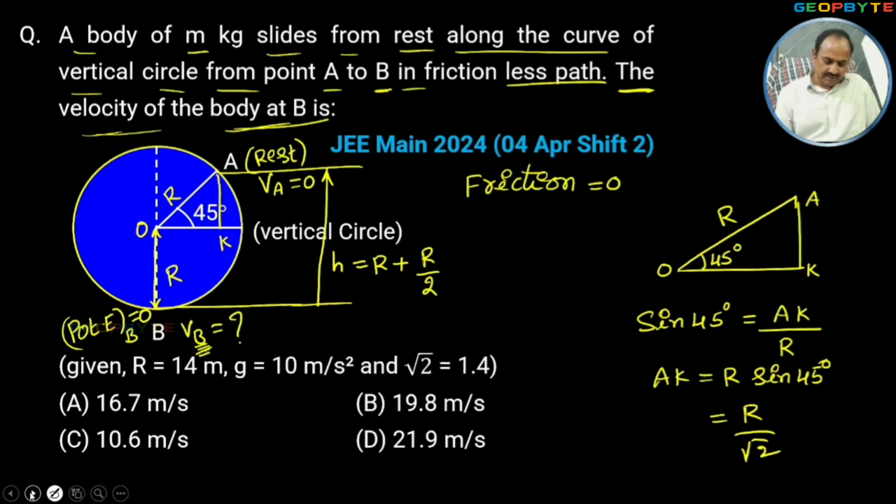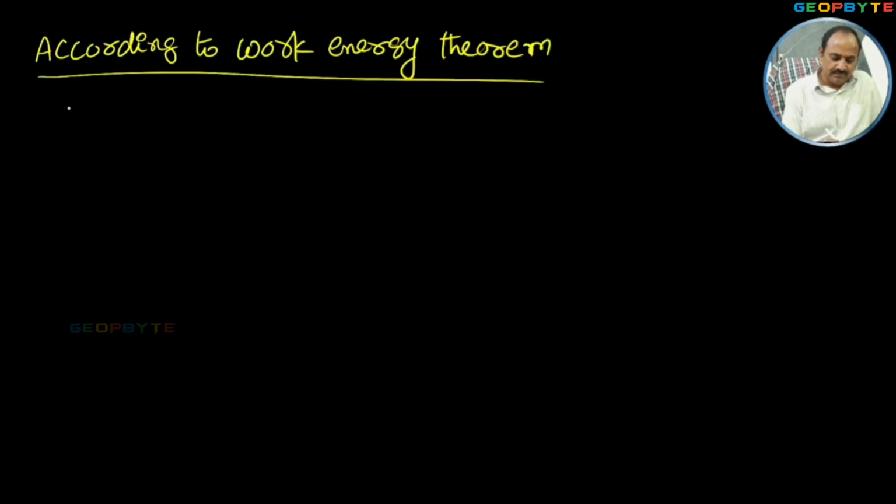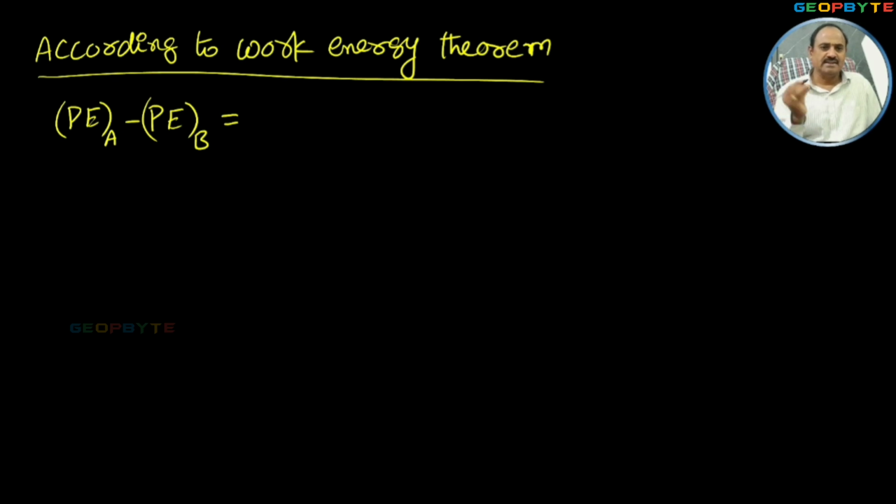That means potential energy at A minus potential energy at B must be equal to the drop of potential energy, which is converted to another form of energy, that is kinetic energy at B minus kinetic energy at A. That is the law of conservation of energy or work energy theorem.